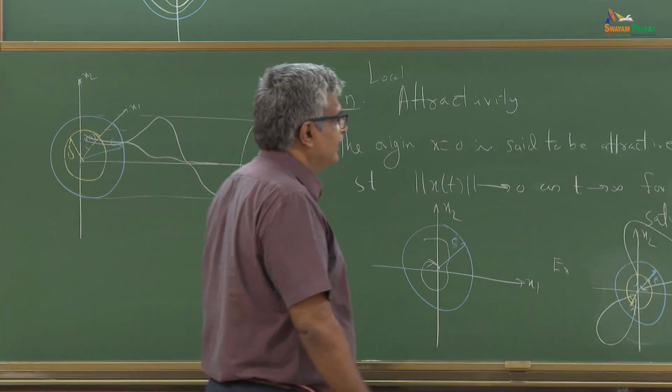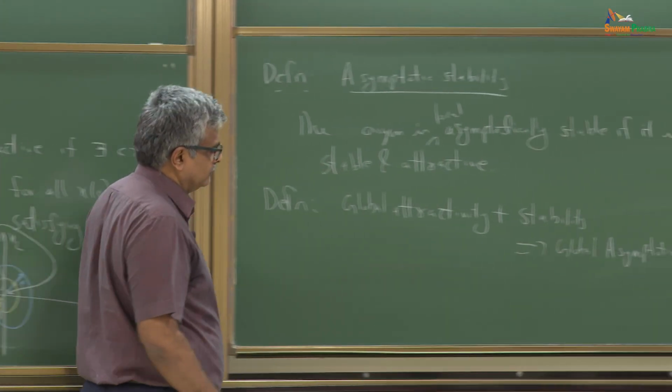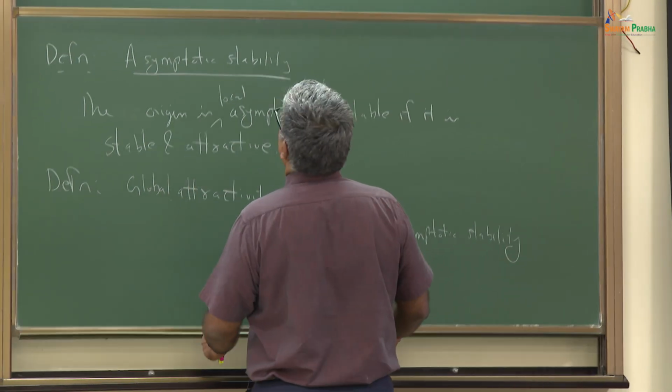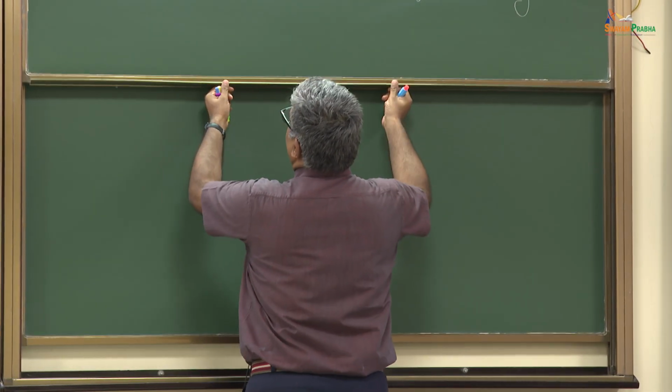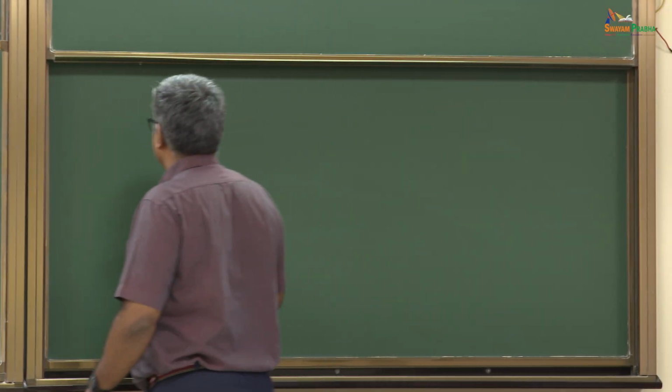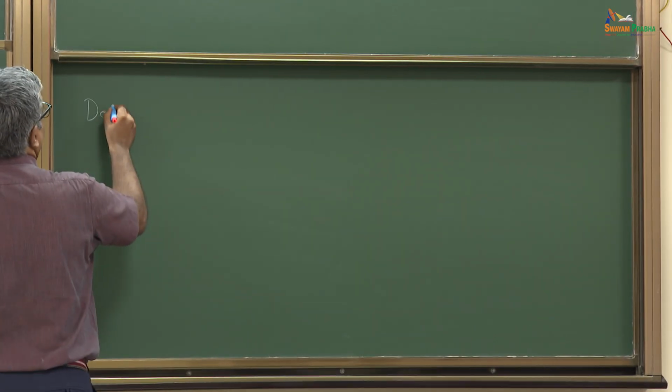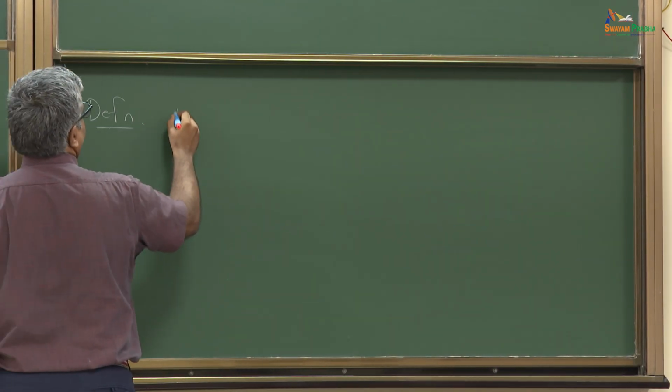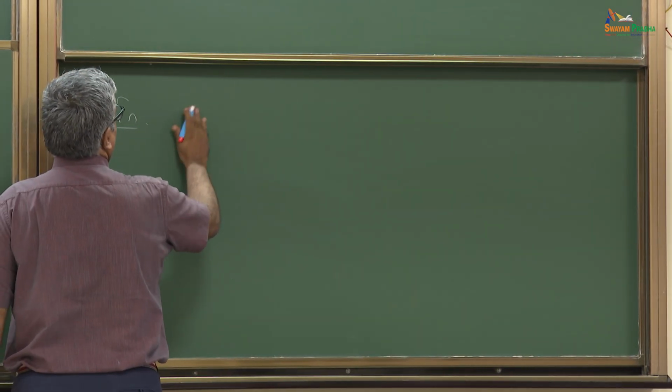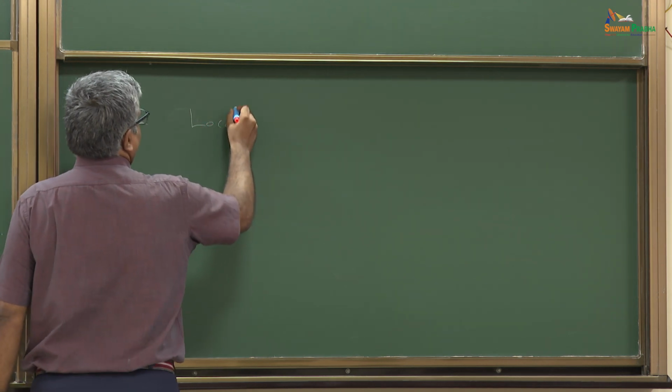And then we have one more definition, which is the strongest definition. That is exponential stability, maybe again local exponential stability.